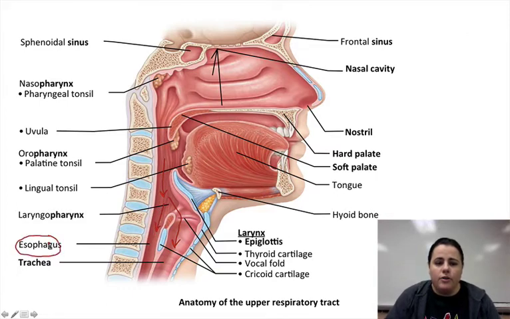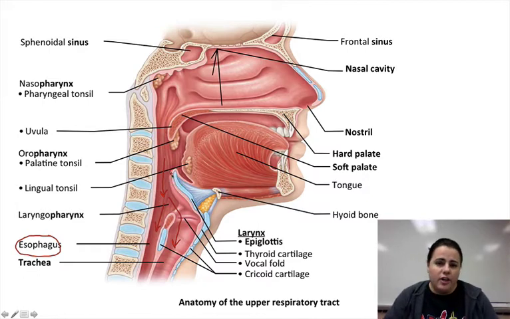The only stuff that should go down here is food and drink, whereas the front, or anterior, part is your trachea that leads down to your lungs. As you're breathing and air comes in, you need to make sure that the air is going down the right pipe, so to speak, and not the wrong pipe. If air is going down here, you may be burping a little bit and have some gas that you have to get rid of by belching.